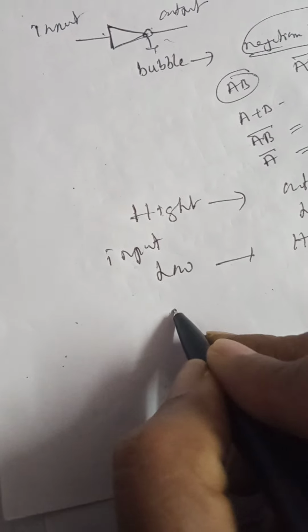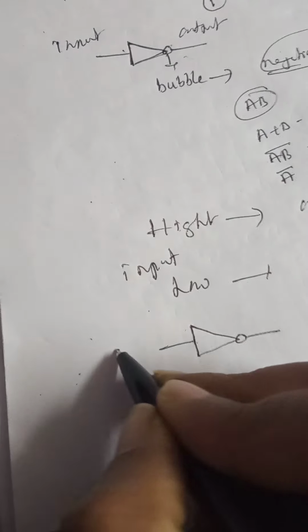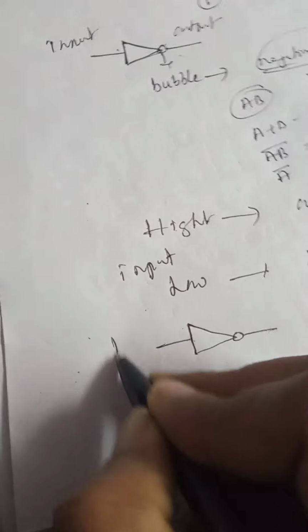If you want to show it in the diagram like this, suppose input is low, output is high. Suppose input is high, output is low. This is called NOT gate. This is called NOT gate, right?